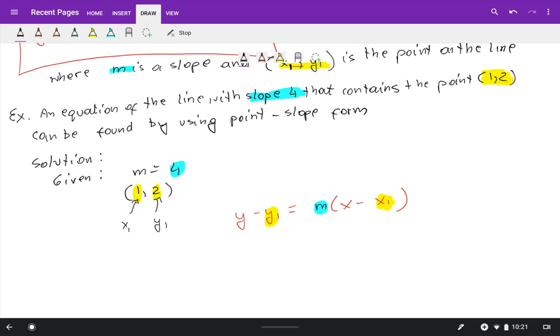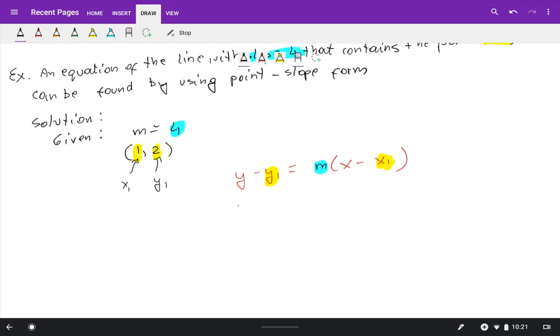So we have y minus y1, which is 2, equals m, which is 4, times x minus x1, which is 1. And we already have the point slope form.